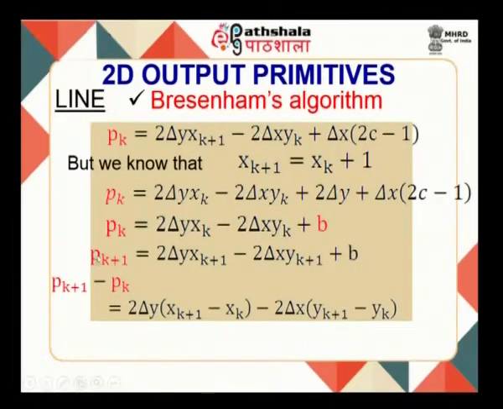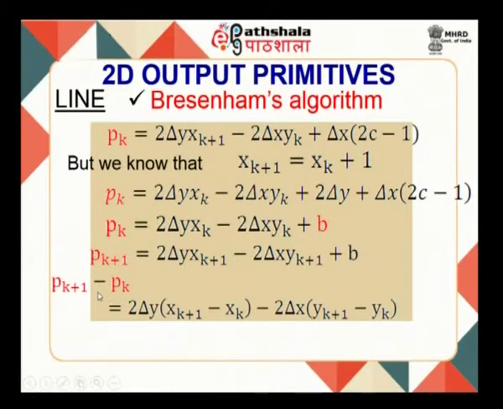So, what we are doing is taking the next decision parameter, with k plus 1 in the suffix indicating that it is the next decision parameter, and wherever there is k, we are replacing that with k plus 1 in the previous equation. So, which is 2 delta y x k plus 1 minus 2 delta x y k plus 1 plus b.